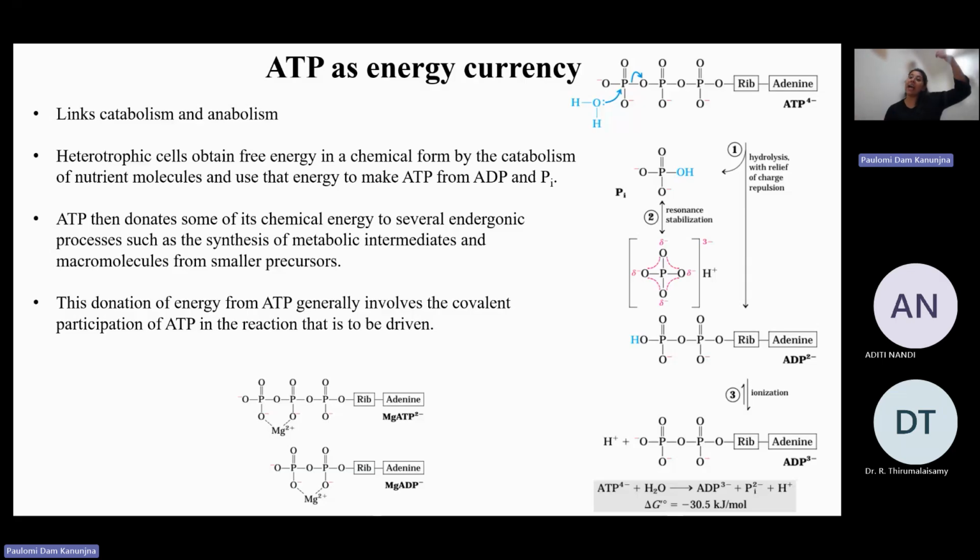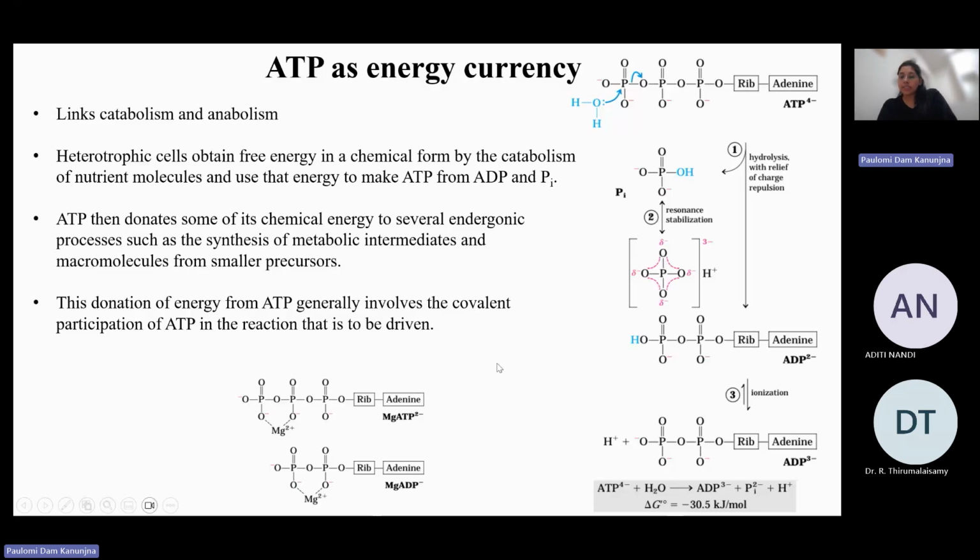Adenosine triphosphate becomes adenosine diphosphate and gives out a phosphate, and that phosphate is what drives the chemical reaction. It looks like a one-step reaction, just hydrolysis of ATP. Hydrolysis means using water and breaking down the ATP into ADP and phosphate, and there is no other step taking place.